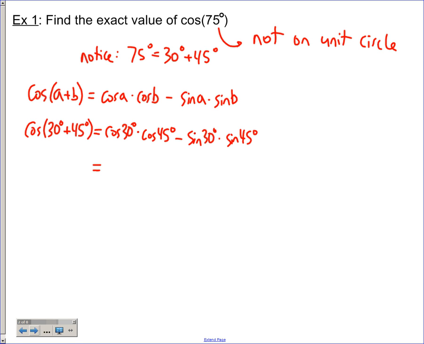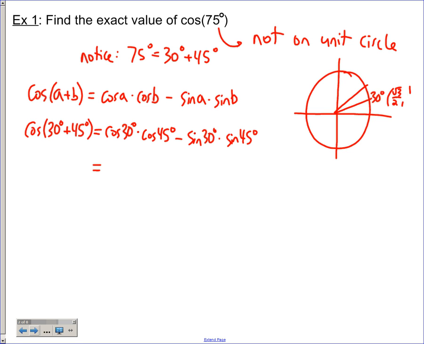And this comes off our unit circle. So 30 degrees has a coordinate of root 3 over 2, 1/2. And 45 degrees has a coordinate of root 2 over 2, root 2 over 2. So we're going to plug those values in.